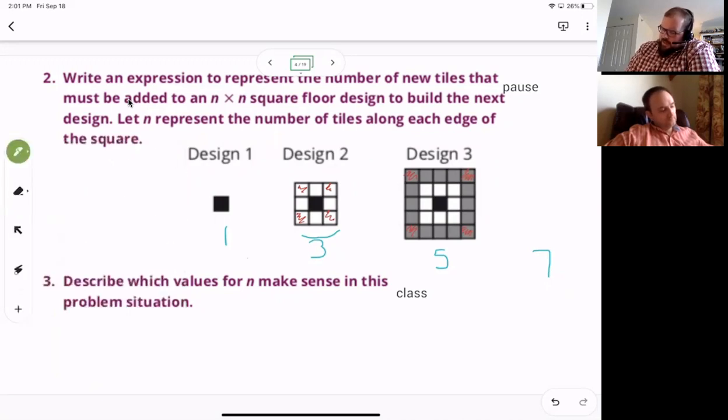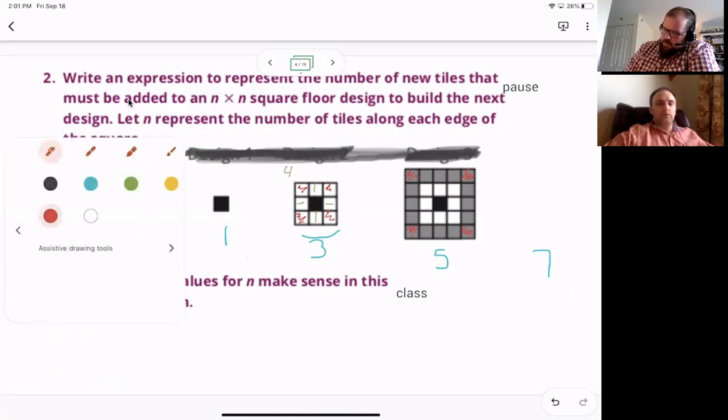However many tiles on each side that we're adding was the same number as the previous design. So for the 3 one, we were adding 4 tiles around the outside. Actually, I'm going to make that red so it matches.